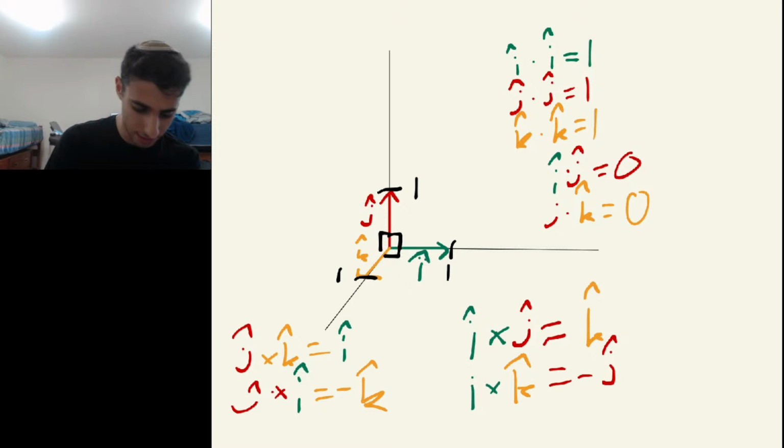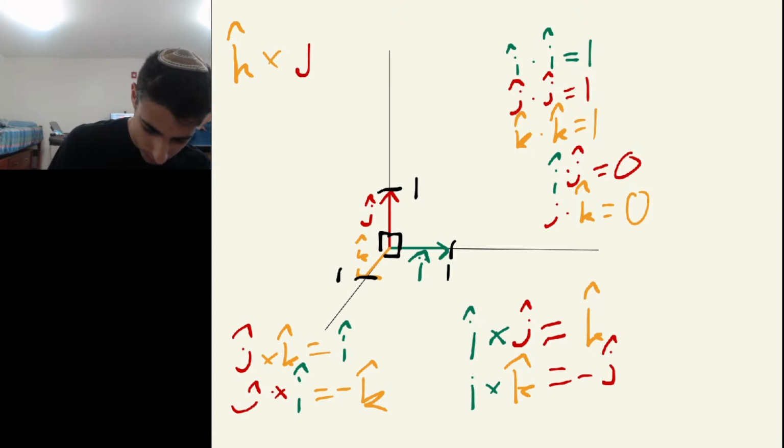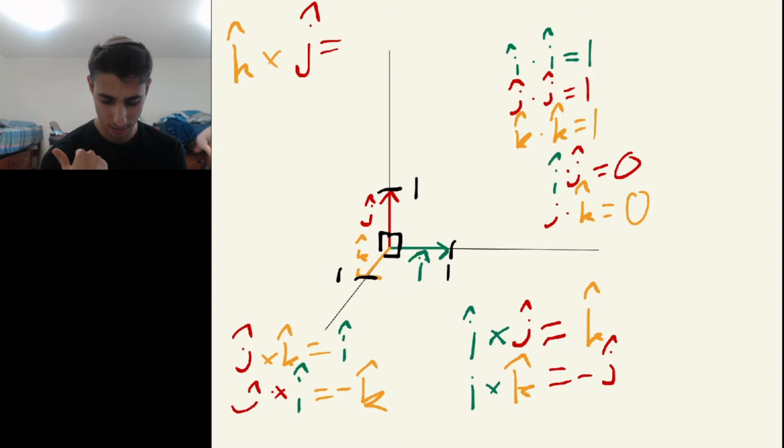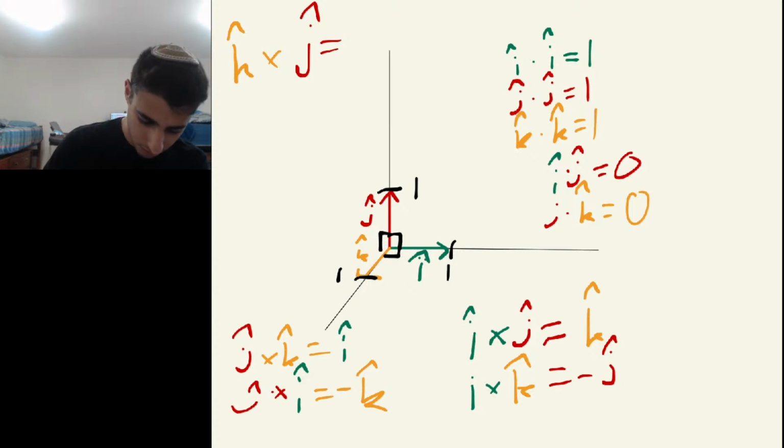Let's just do the k's now for consistency. So k cross j, let's do that first. K would be toward us. We're going to point our fingers toward us, turn our hand, and go up. So k cross j is going to be negative i, I think. Yeah, k cross j is negative i.